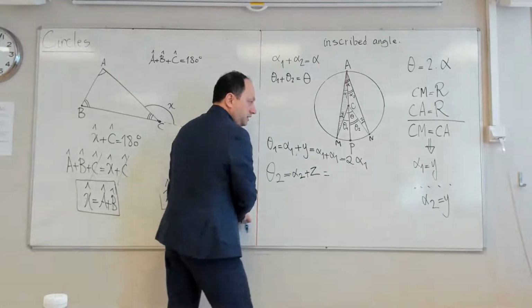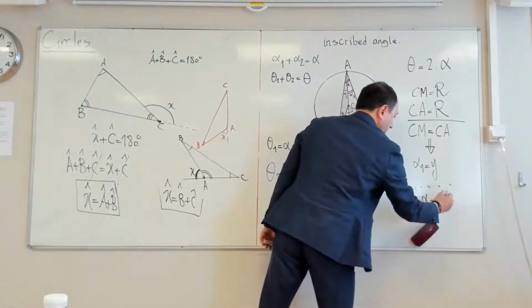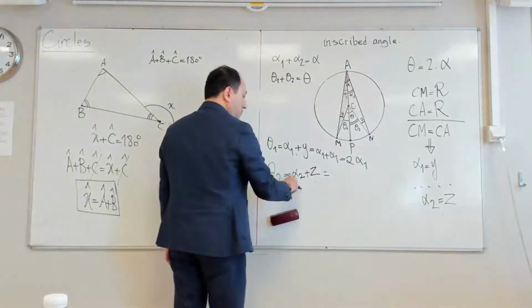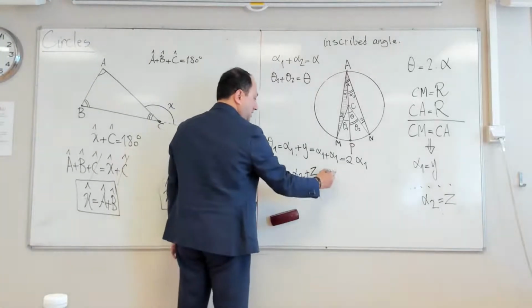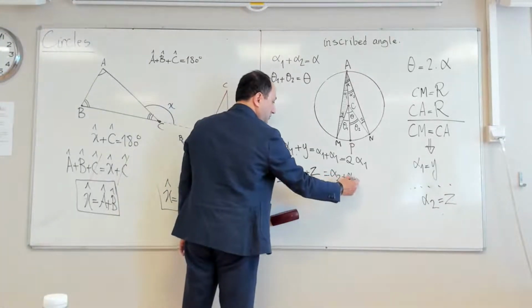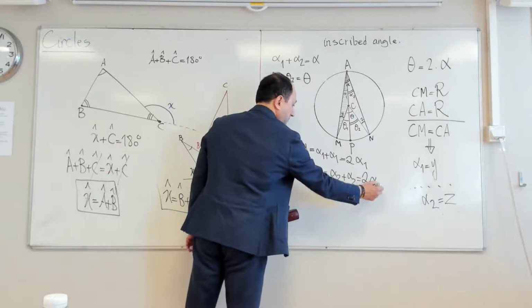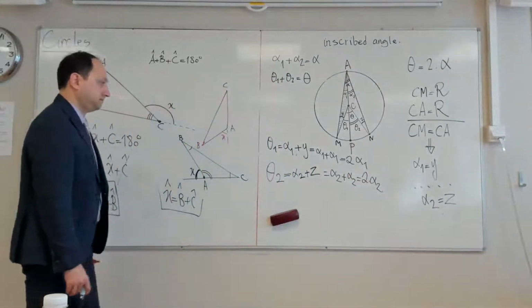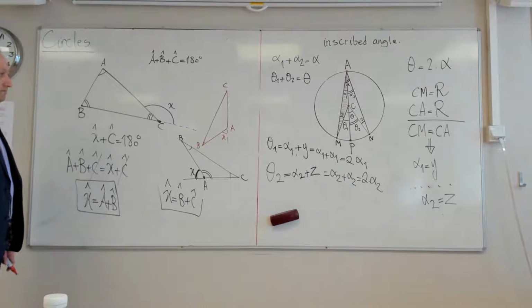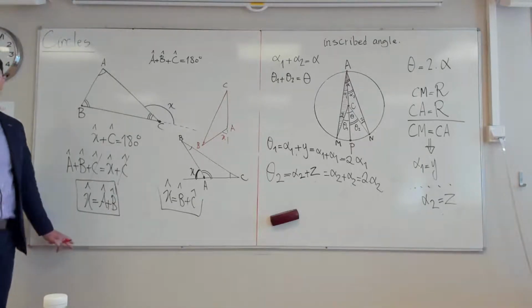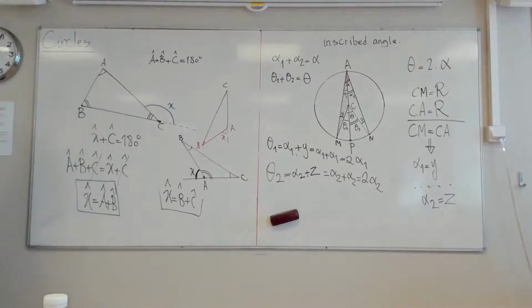Z, oh, sorry, I made a mistake here. This is Z. So alpha 2 and Z are the same. So instead of Z, I can put alpha 2, but alpha 2 plus alpha 2 is 2 times alpha 2. But I hope that this is clear. Can you tell me now how can I finalize the problem?